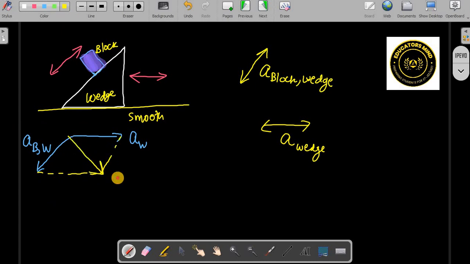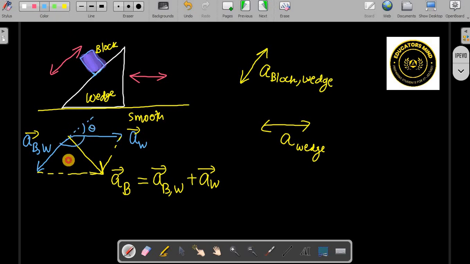So the acceleration of the block is the acceleration of the block with respect to the wedge plus the acceleration of the wedge. And what is this angle? We can understand it, because this direction is making angle theta.